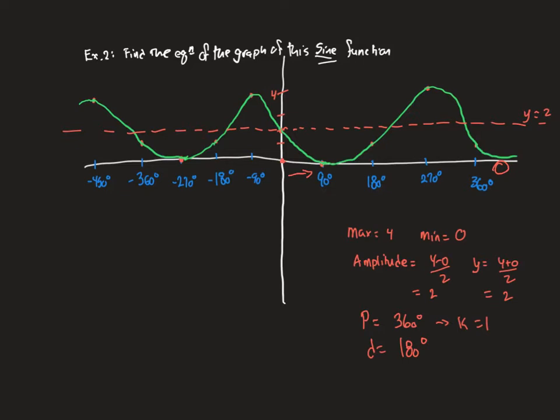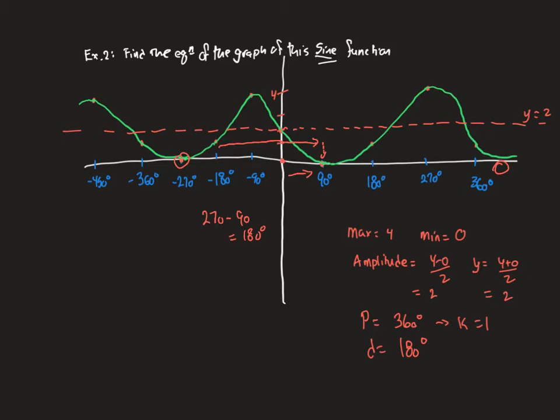And over here, I have a 0. The next time I had a 0 was all the way over here. So 270 minus 90, 180. So definitely a shift to the right by 180.